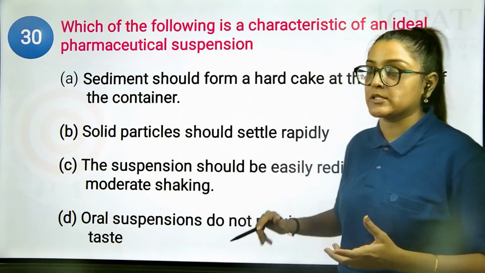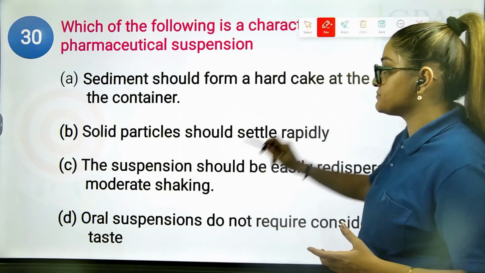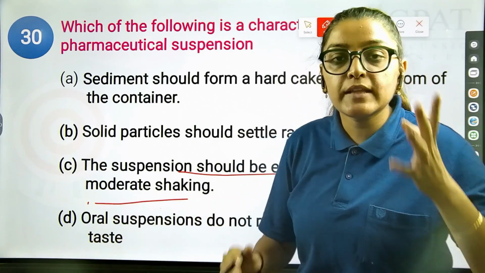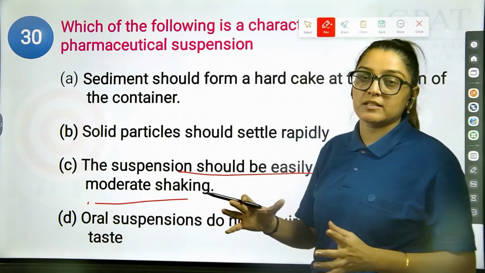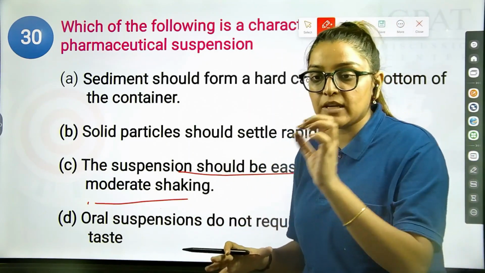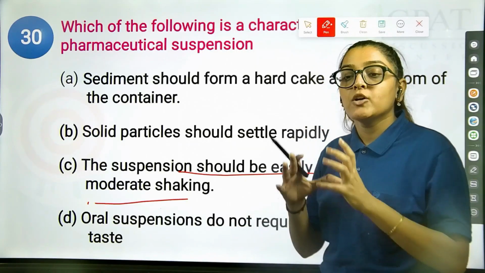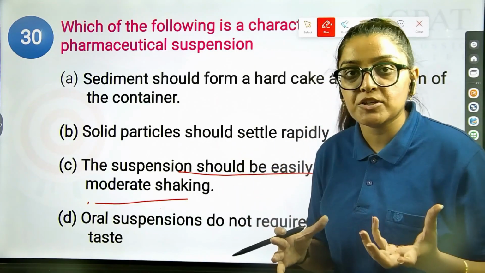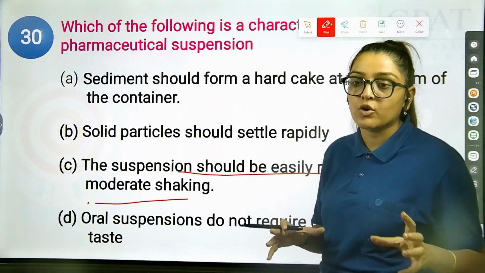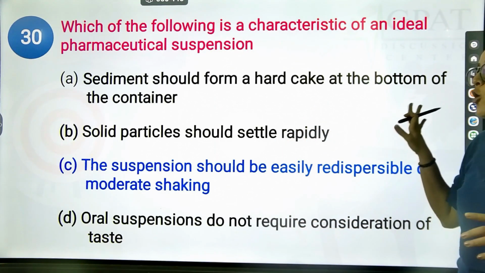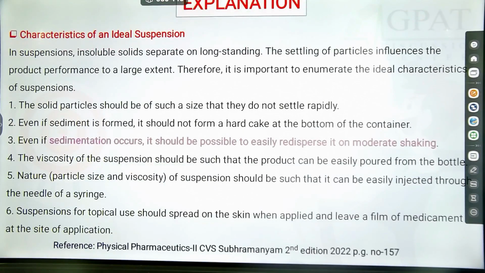This is most important because we have two different phases in a suspension, so they must be redispersible. We have seen in suspension labels that they say it should be shaken well before use, right? If hard cake formation is there, even if you redisperse, that is not going to form an ideal suspension. So here option C is going to be the correct one.